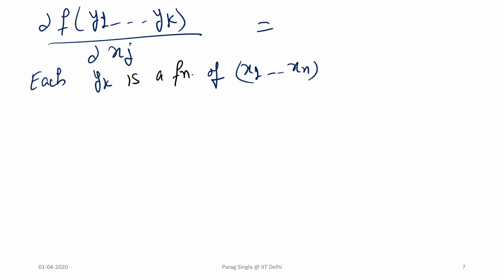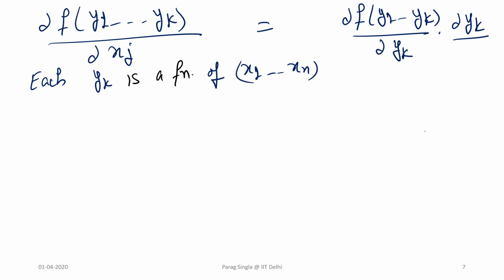This is simply an extension of the chain rule, where we differentiate f of y1 up to yK with respect to y small k, multiplied by the partial derivative of yk over the partial derivative of xj, summed over small k equal to 1 to capital K.